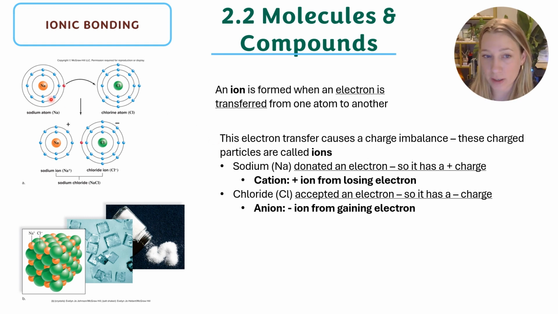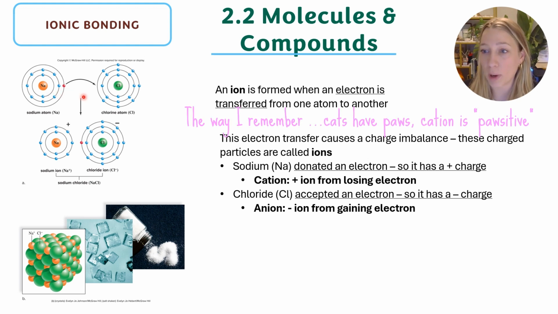In this example here, sodium has one electron in its valence shell, which makes it quite unstable, and it wants to give up that electron. When it gives up that electron, it then has an overall positive charge because it has one more proton than electrons now. Chlorine, on the other hand, has 7 electrons in its valence shell, and it wants to gain an electron, such as that one that sodium just donated.